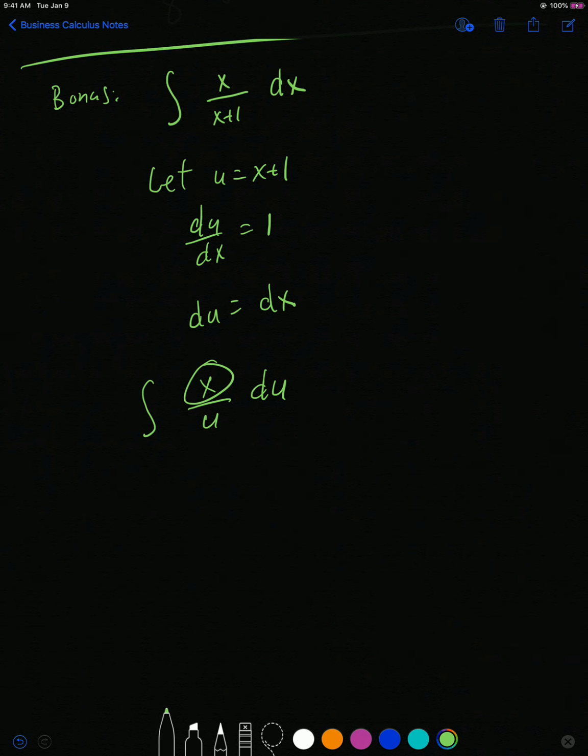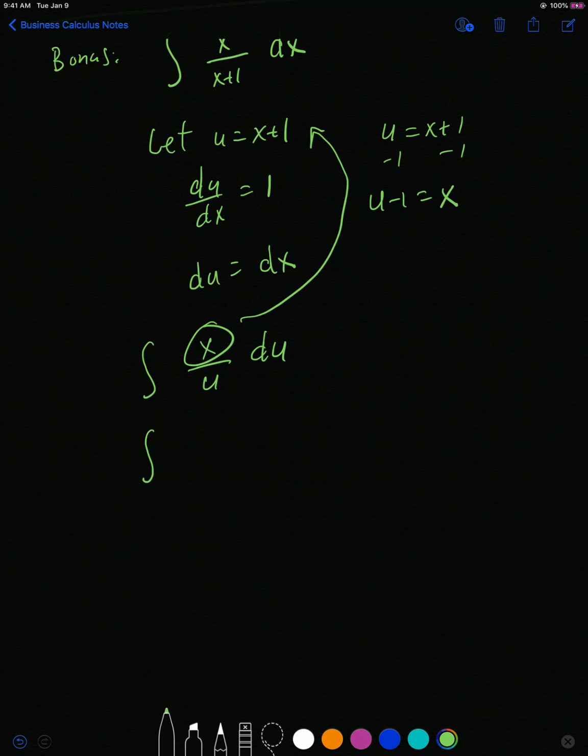But this x doesn't go away. From u equaling x plus 1, if I subtract 1 on both sides, u minus 1 is equal to x. So this becomes u minus 1 over u du.